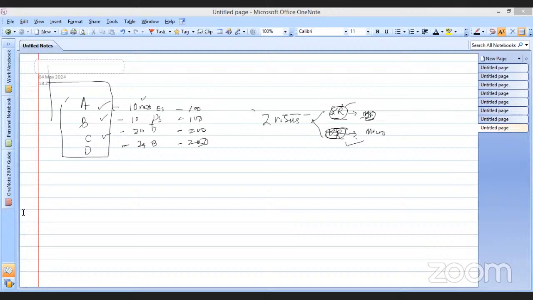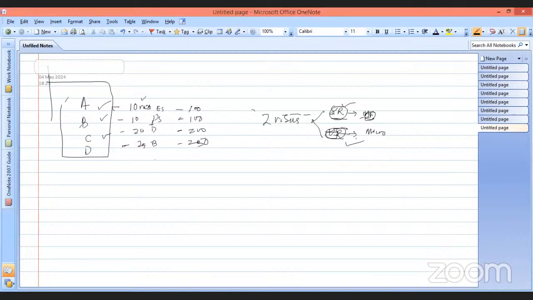Let's say here I am drawing one diagram. That diagram is like this. This is the x-axis.